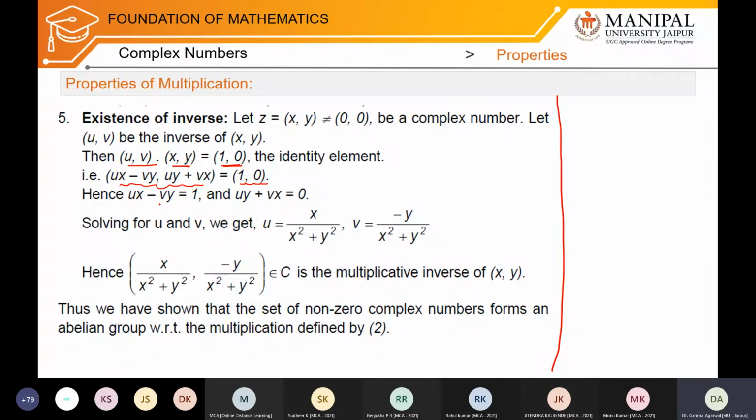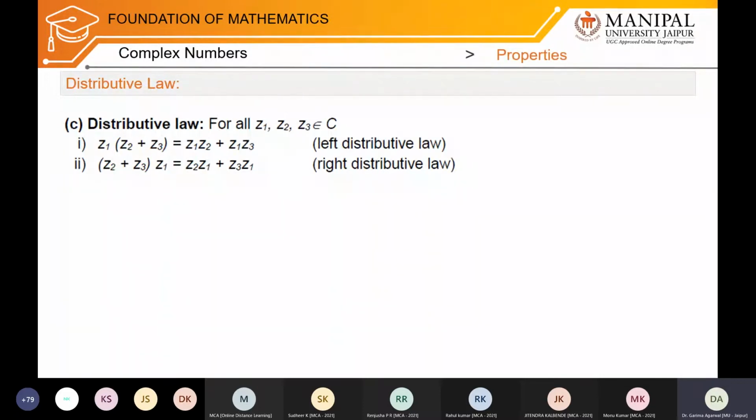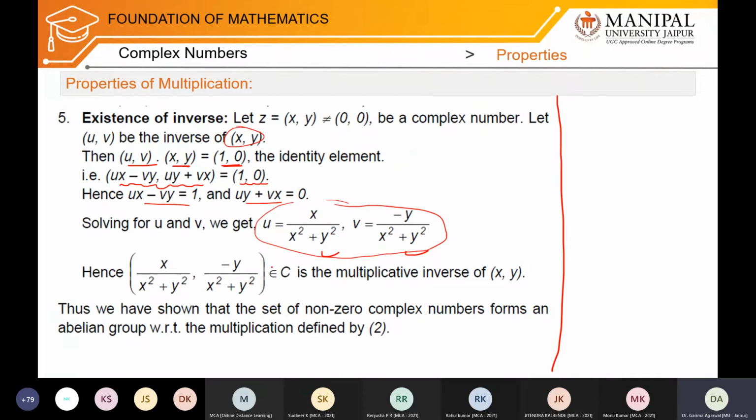Then by solving these two equations, we can find the values of u and v, which is the inverse of (x, y), and is also an element of the complex numbers. So inverse also exists for multiplication. The distributive property also exists for complex numbers. That means complex numbers form an abelian group with respect to multiplication as well, right?